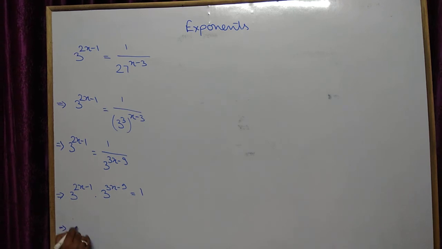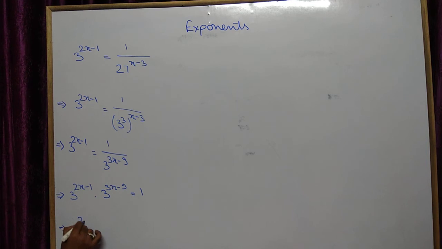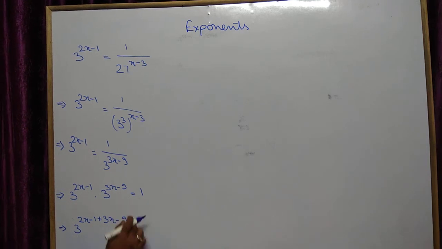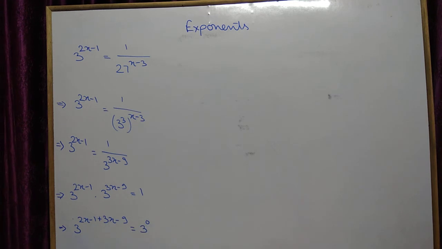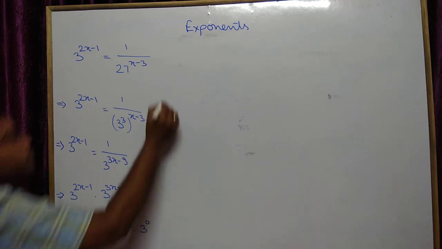We have the same base, so we can write down 2x minus 1 and 3x minus 9, the powers must be added, equals 1 is there, so we can write 3 to the power 0. Something to the power 0 equals 1, that we know.